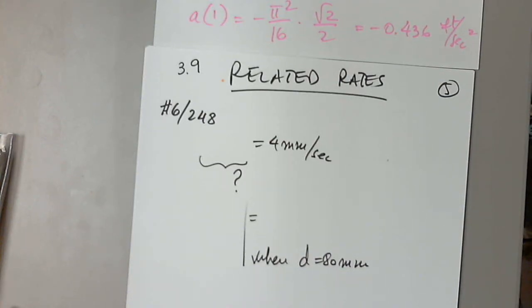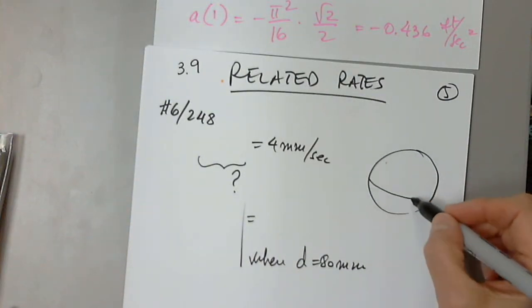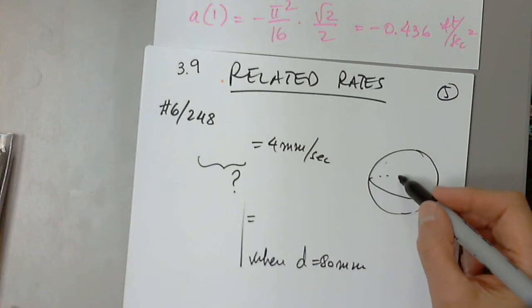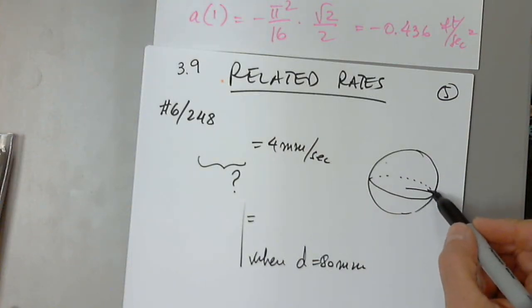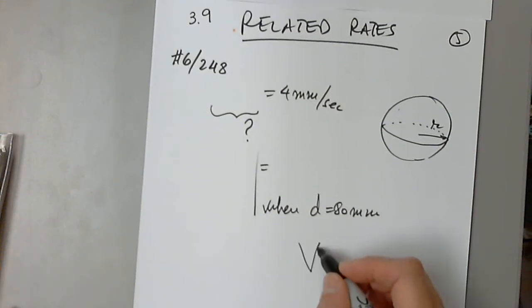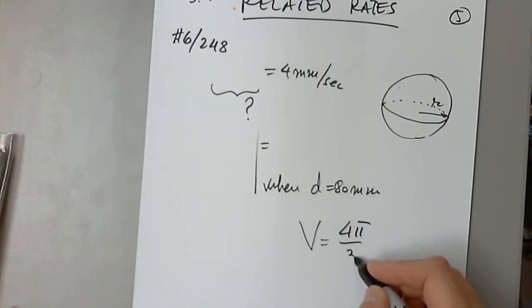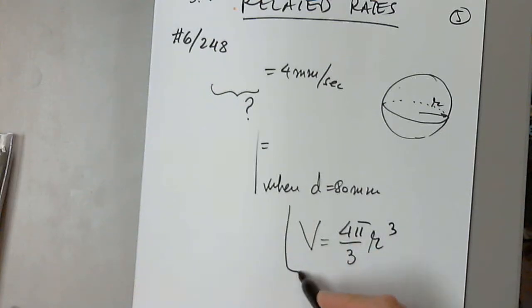So first of all, we are talking about a cylinder. I'm sorry, we're talking about a sphere. So here's a sphere, and here's its radius. The volume of a sphere, and please remember it moving forward, is 4 pi over 3 r cubed.